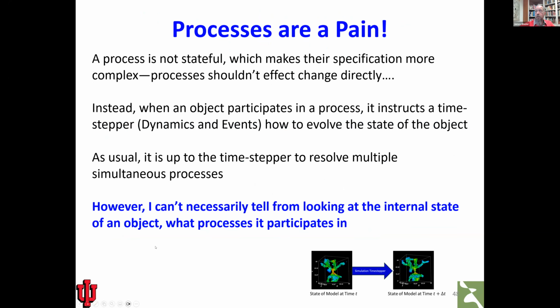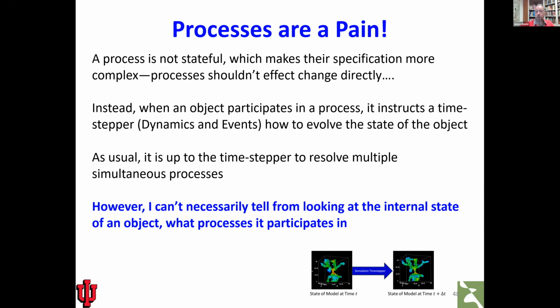Processes are hard. Processes shouldn't be stateful, which makes their specification rather complicated. Processes don't change things by themselves. Processes tell a dynamics or a set of events what to do. And in a sense, in network models where you typically have rate equations, the dynamics is d by dt, which is reasonably trivial, less trivial if you're doing something like Gillespie.